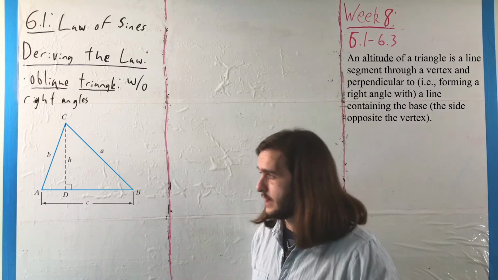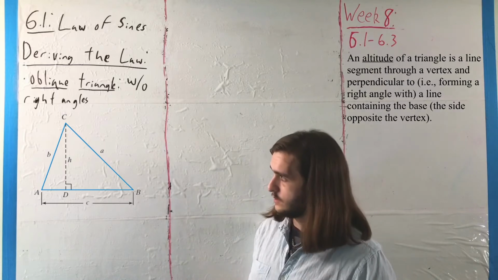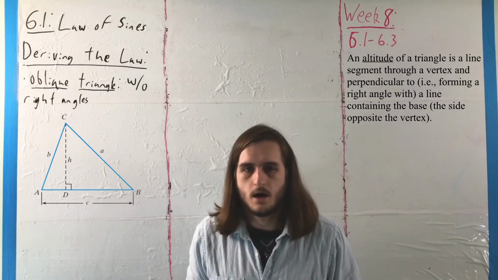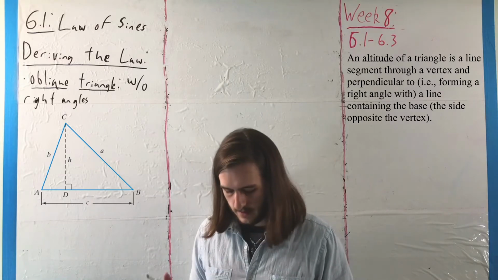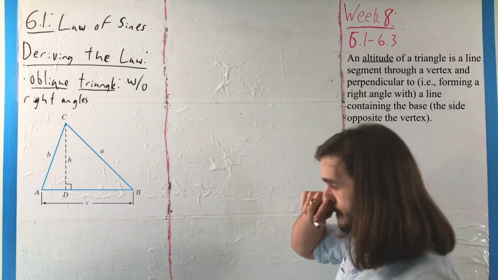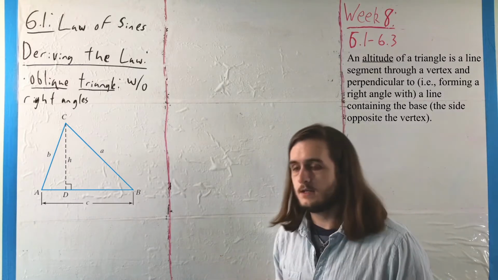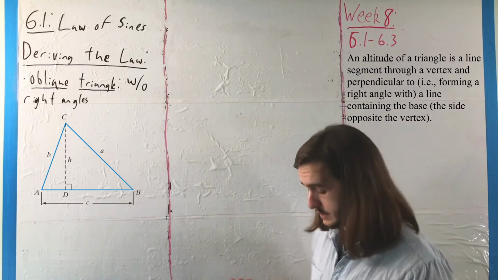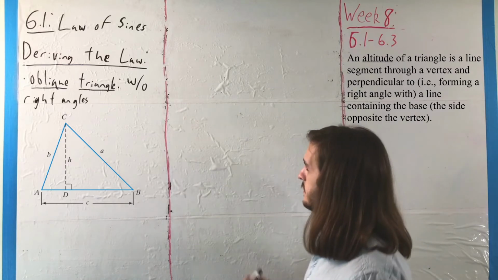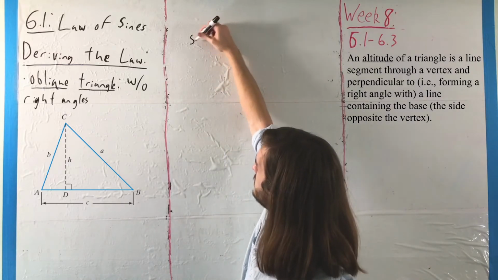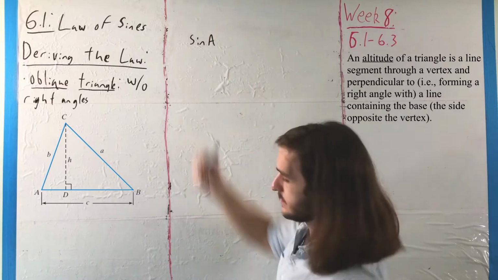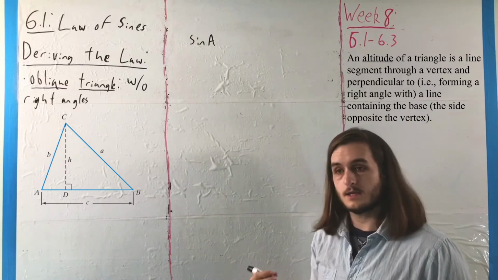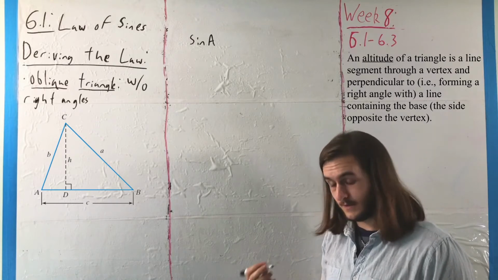And from there, we can talk about what's going on with those in terms of sine. That is, if we look at that altitude, that height, and give its length h for hopefully obvious notational reasons, and then look at sine of A, we can treat that as a right triangle in terms of h.